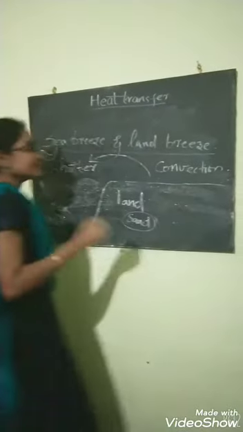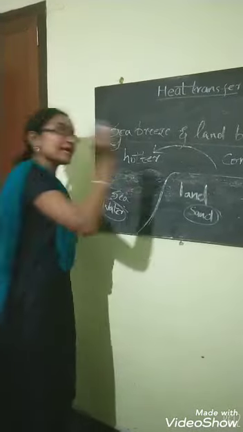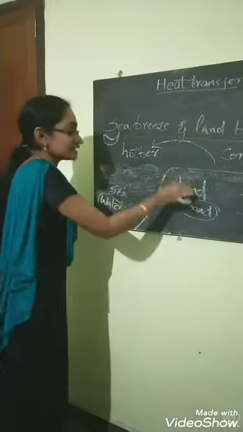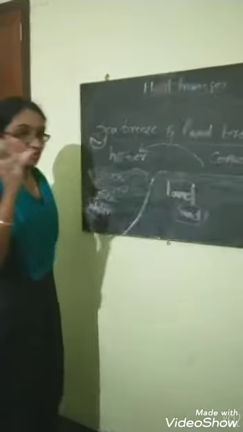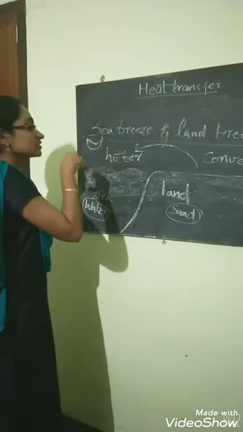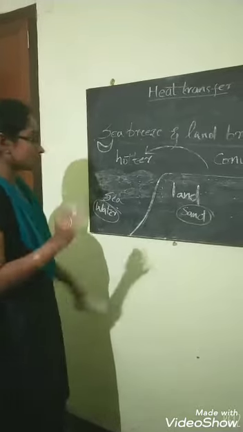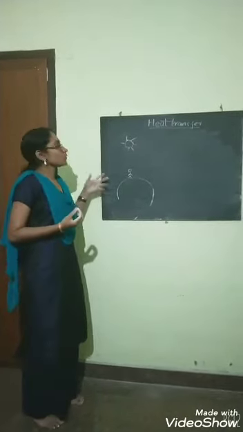So we can say sea breeze and land breeze is an example of convection, and the convection of air takes place between the sea and land, because of this flow of breeze or cold air from the land to the sea or sea to land. That is called sea breeze and land breeze. I think it is clear for you. Now we are going to the next topic. The topic convection is over, and now please listen here.